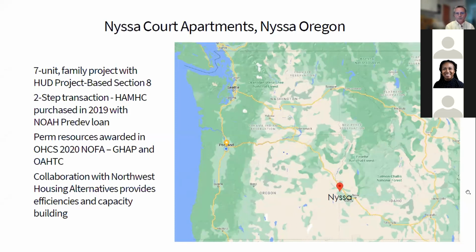And NOAA provided a pre-development loan, which you'll see, that helped purchase that and get it into their hands so they could put together a permanent preservation transaction. So this is one of the 2-step transactions that we've been part of using our acquisition financing.